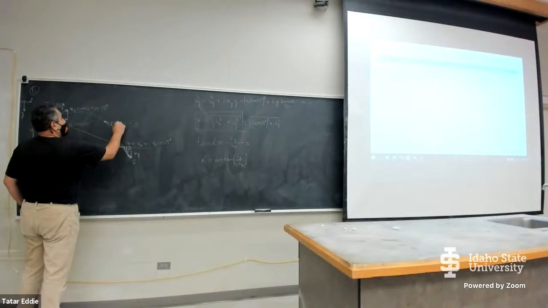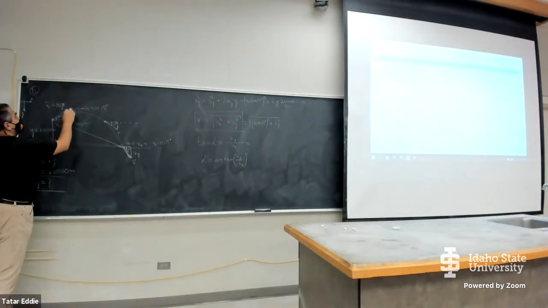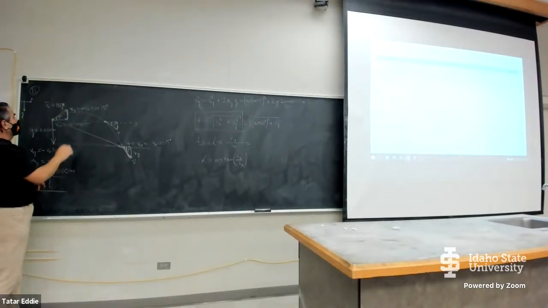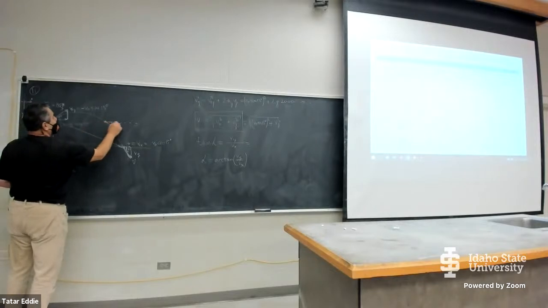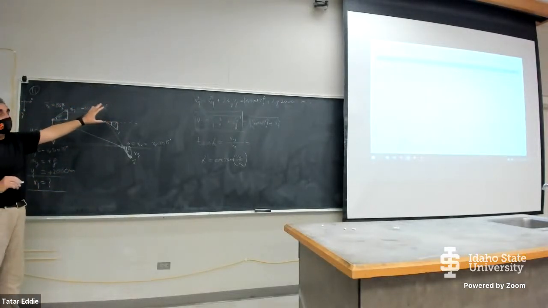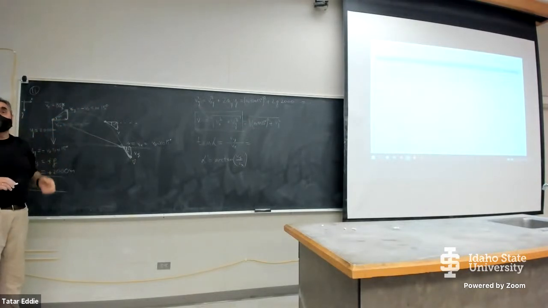This component of the velocity is going to be the same as the launch, but in opposite direction. The other component is going to be the same. And therefore, those two triangles are identical triangles. And therefore, this angle is 15 degrees.